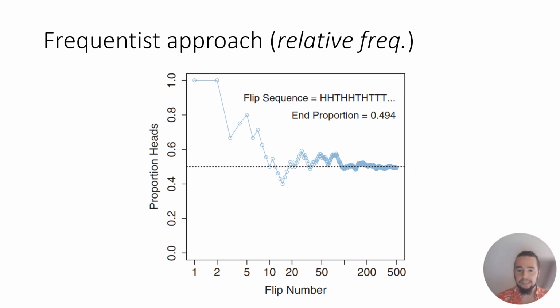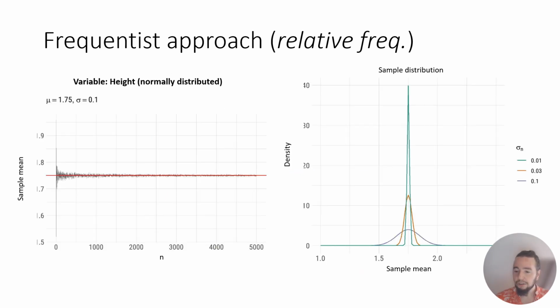So this is the typical approach of frequentism, and it is also the foundation of the sampling distributions, because if instead of tossing coins we are gathering a sample to calculate its mean, the sample means are also going to be an object of probability. They are going to slowly converge on the population mean, and the variance of these sample means is going to be narrower and narrower at each step as we have larger samples. So they are going to be more precise on the population value.